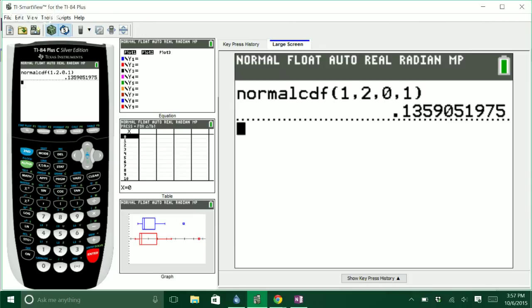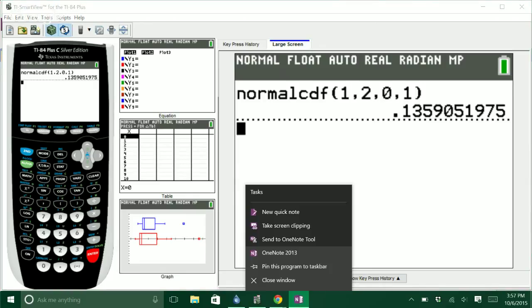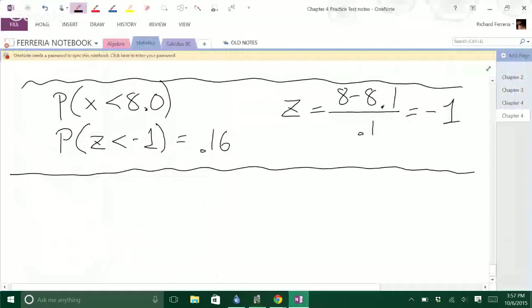Okay, 3. Birth weight at a local hospital is normal. Mean 110, standard deviation 15. This one would be the same as 2, really similar to number 2.